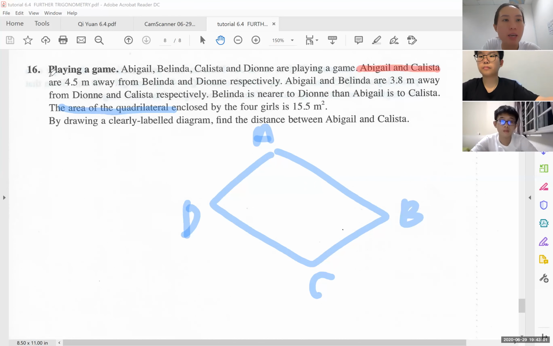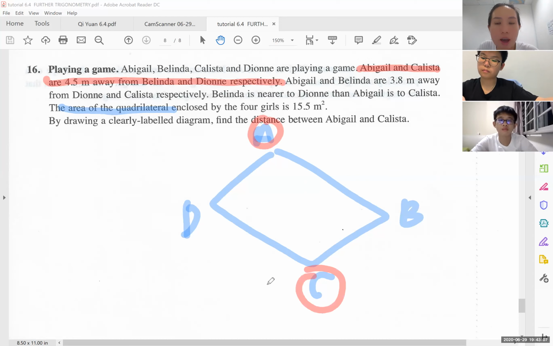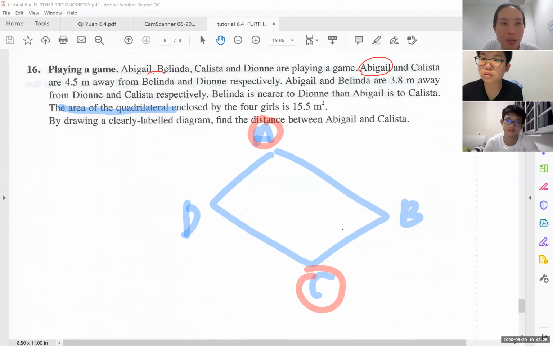A and C are 4.5 away from B and D. Means A and C are 4.5 meters away from who? B and D, respectively. Respectively means A and B are 4.5 away, and C and D are 4.5 away.